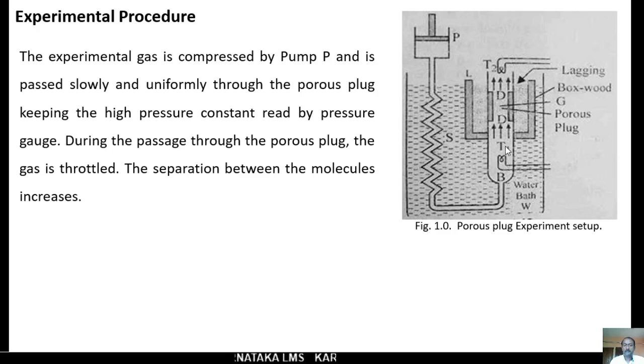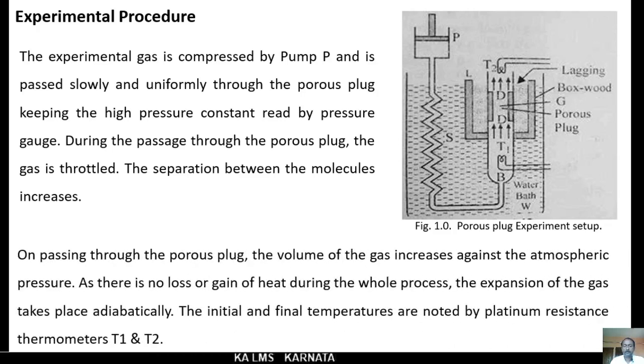During the passage through the porous plug, here it is shown in arrow mark, the gas is throttled. The separation between the molecules increases. On passing through the porous plug, the volume of the gas increases against the atmospheric pressure.